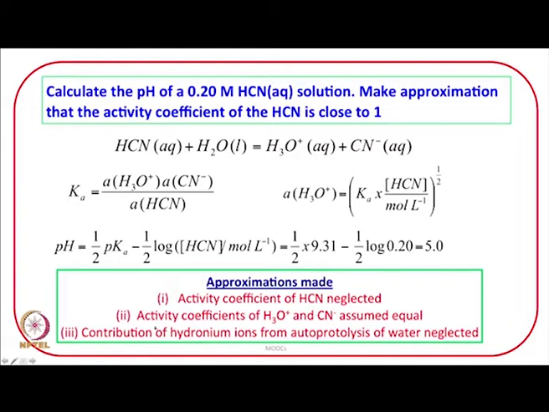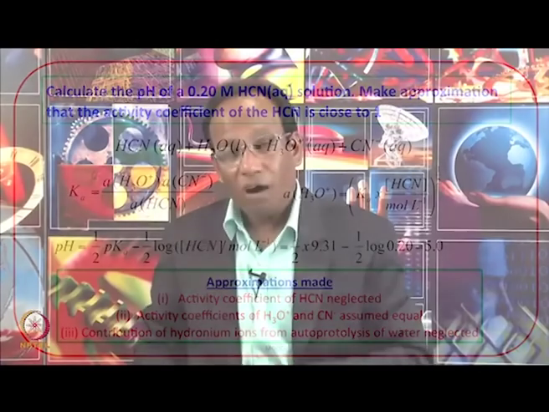That is why it is important to keep in mind the approximations made, because if we are interested in doing very accurate calculations, we cannot ignore the values of activity coefficients, because after all we are dealing with ionic solutions over here.